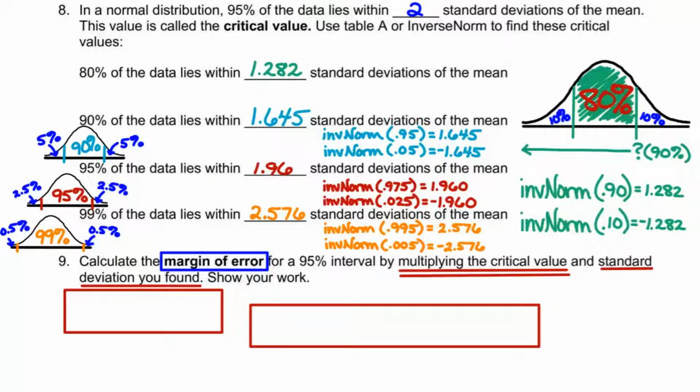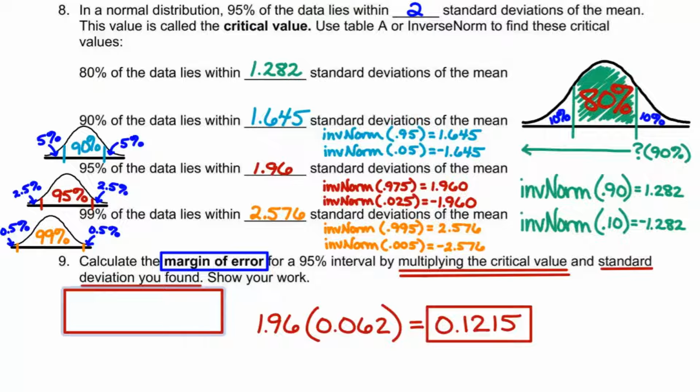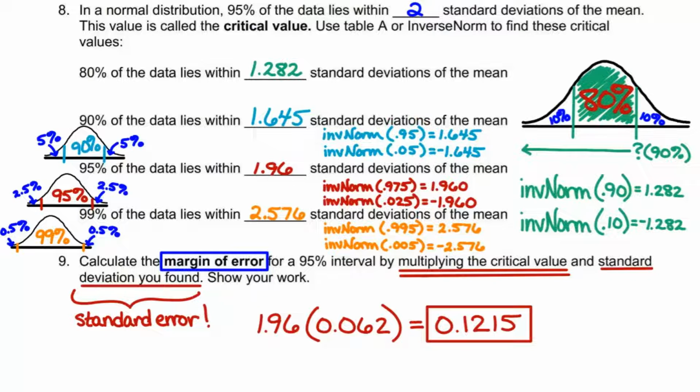All right. Last bit. I want you guys to calculate your margin of error. So you're going to take your critical value and you're going to multiply it by your standard error of p hat.